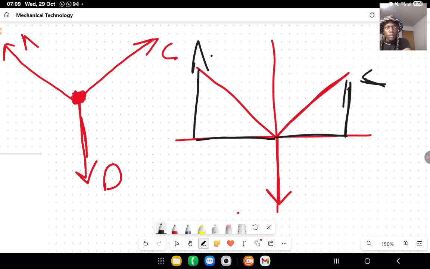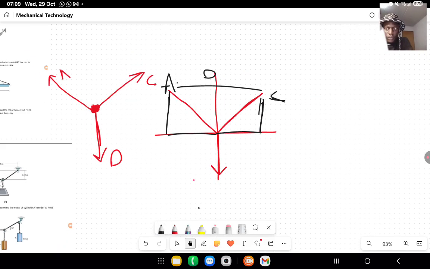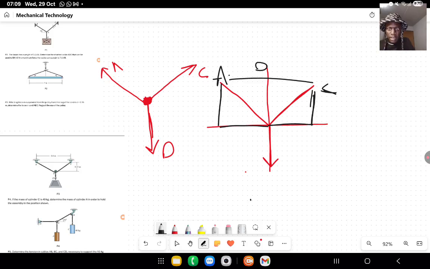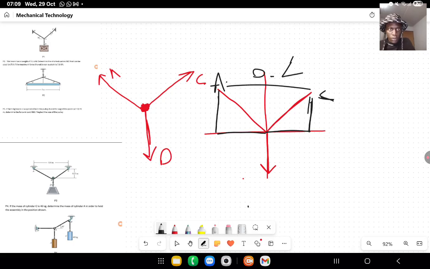Here is A. Therefore, if it's A, we know the distance from here to here is 0.4. That means from here it will be 0.2. 0.4 divided by 2 is 0.2.